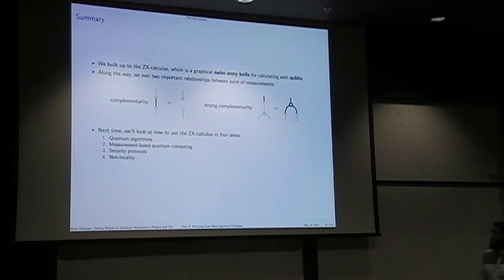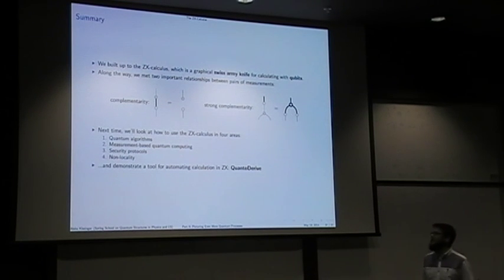And also talk a bit about security and non-locality. And demonstrate a recently completed and still not debugged tool called Quanto-Derive, which automates working and calculating with the ZX calculus, which is something that Vladimir and I have been working on mostly lately, and can do some pretty cool stuff.